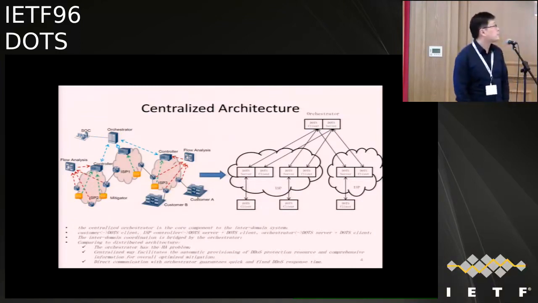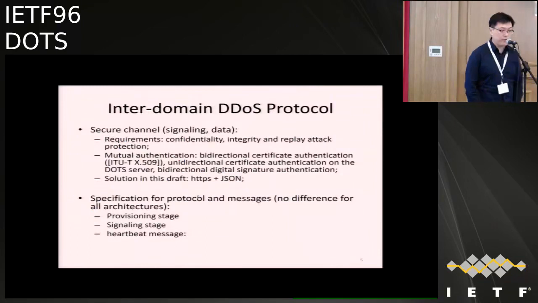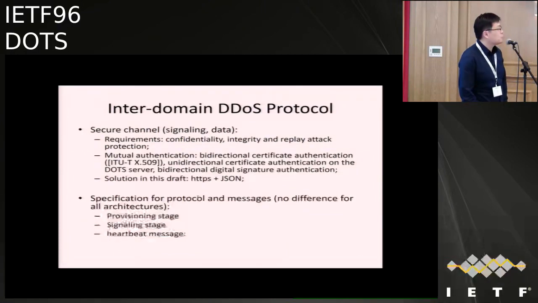Okay, and next page. And come back to our solution, our secondary mechanism. I think from the general perspective, there are some very basic requirements that we need to do. Firstly, we should guarantee our signal channel and the data channel are secured. So we should have some mutual authentication among the DOS agents.